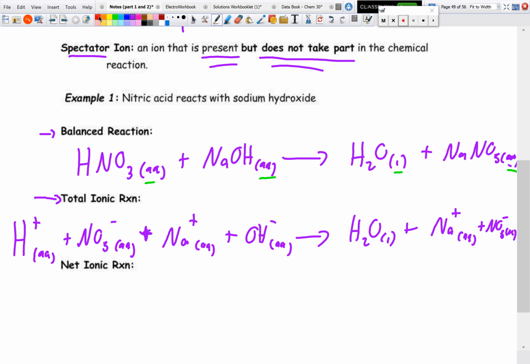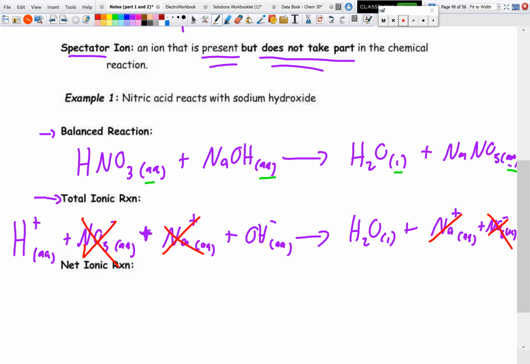Now by writing the equation like this, we'll notice that the nitrate ion, NO3 minus, is on the reactant side and the nitrate ion is on the product side. So it's the exact same ion, exact same charge, nothing has changed with it from reactant to product. So technically, it didn't do anything for this reaction, right? It didn't change. And the sodium ion's the same way. On our reactant side, it's sodium positive. On our product side, it's sodium positive.